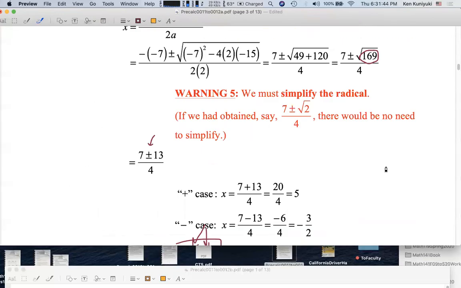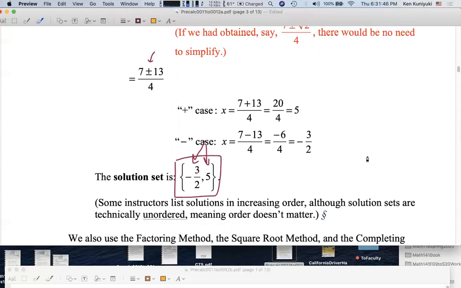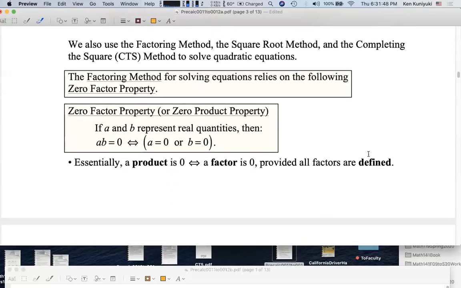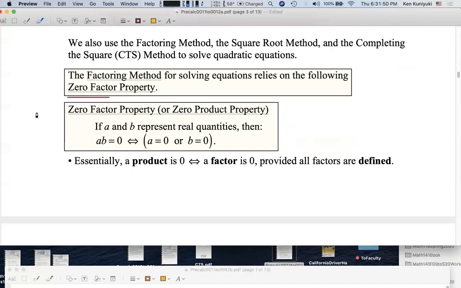Now, because the discriminant was a nice perfect square, we could have used the factoring method. The zero factor property helps a lot. If I have two quantities that multiply to 0, then that means at least one of them has to be 0. That's the zero factor property.